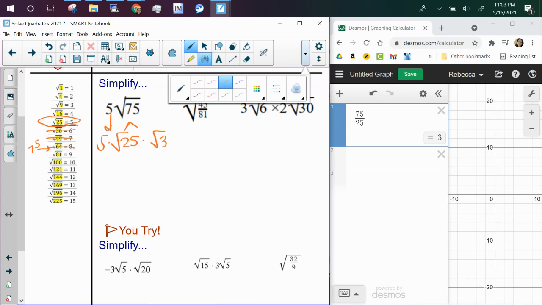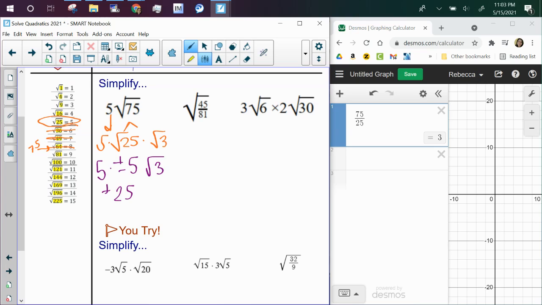So I'm going to write this square root of 25 as positive 5 or negative 5. It is still being multiplied by 5, and it still has the square root of 3. Now, 5 times positive 5 would make positive 25, and 5 times negative 5 would make negative 25. So I could just write this as positive or negative 25 square root of 3, and I'm done with this problem.